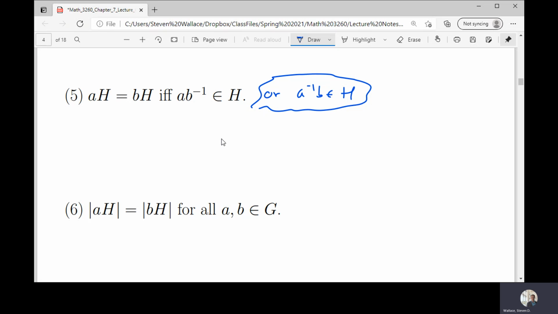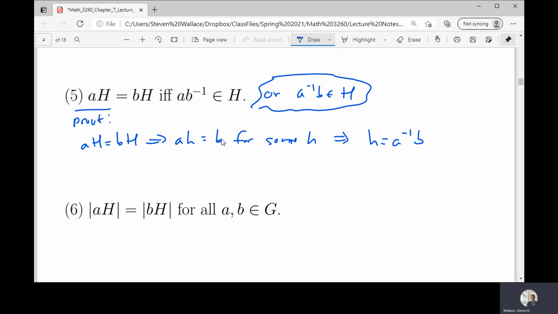Okay, so let's think about it this way. If AH is equal to BH, and so then this means that H is equal to A inverse B. Okay, so that's the easier thing to prove, right?